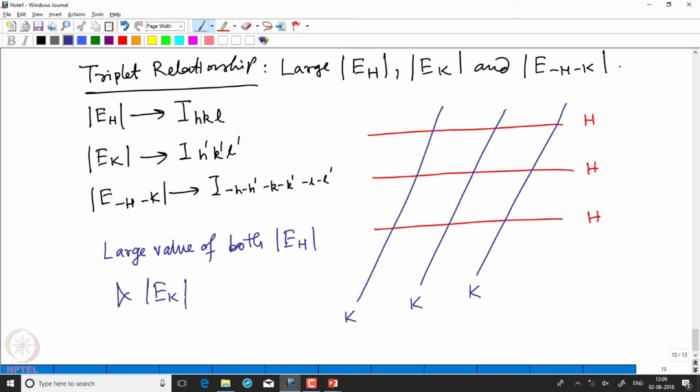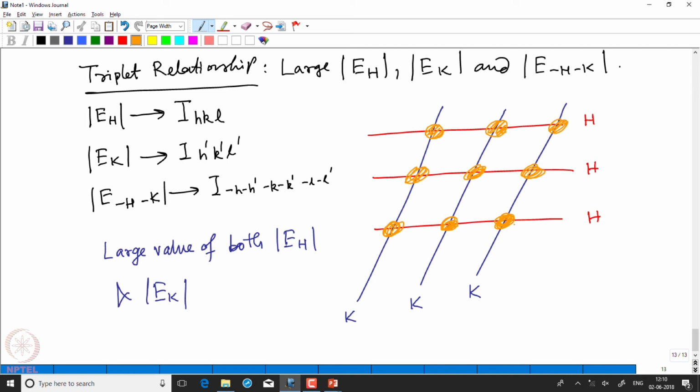So, both the planes HKL and H prime K prime L prime have large electron densities. So, that means when these two sets of planes interact the way they intersect the way I have drawn here, the points of intersection are the points where the electron density should be the maximum. Or the electron density should be very high, because we are saying that both the EH and EK have very high magnitude of structure factor amplitude, that is, the scattering is very high in those two planes.